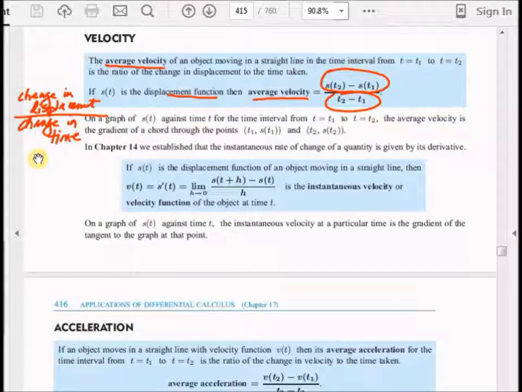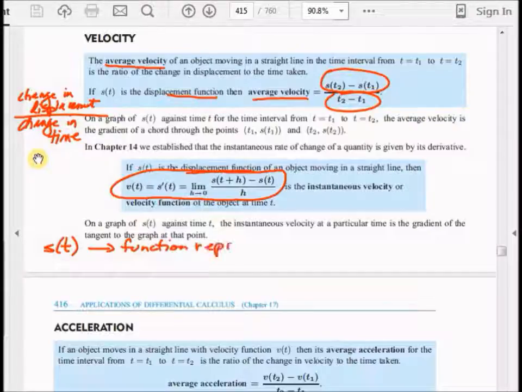So if S of t is the displacement function of an object moving in a straight line, then we could even use this to represent instantaneous velocity, or the velocity function. And this is our derivative. What this is saying is we have S of t, a function representing displacement with respect to time.